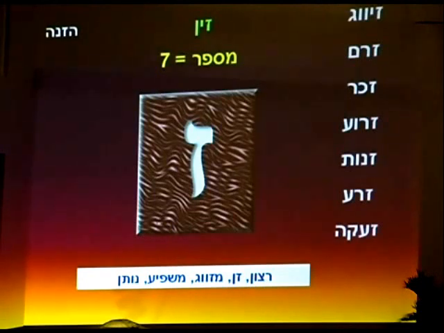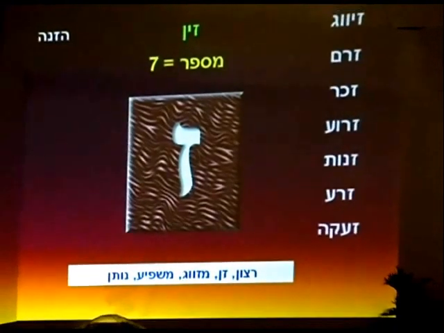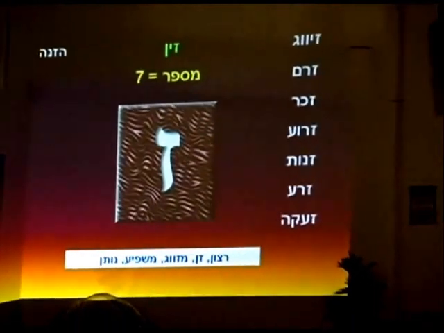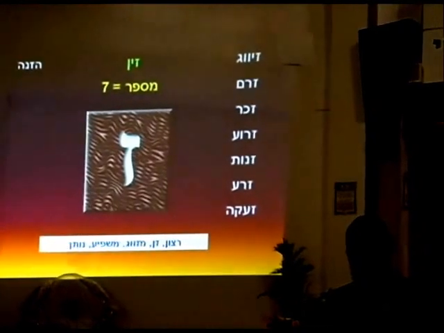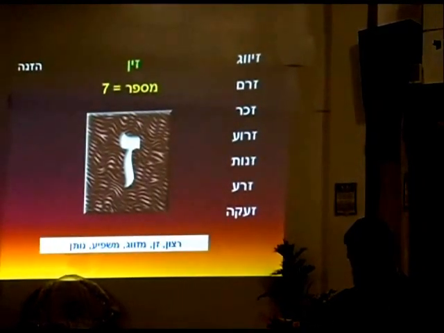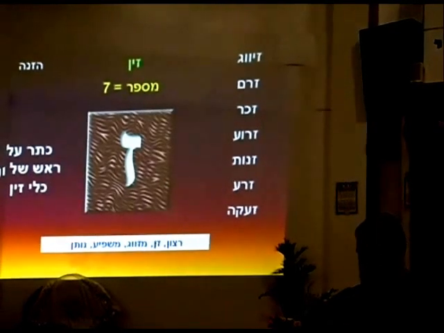Zerem, a flow. Zachar, a male. Male because the male gives to the female. Zeroa, which could be either the arm or something else. Zera, the seed. Zenut, ze'aka, a scream that is let out. And the shape of the zayin is a crown over a vav, which looks like a zayin, which is also the word for an arm. In other words, a weapon.